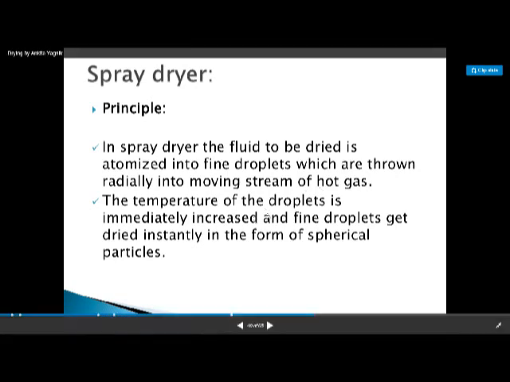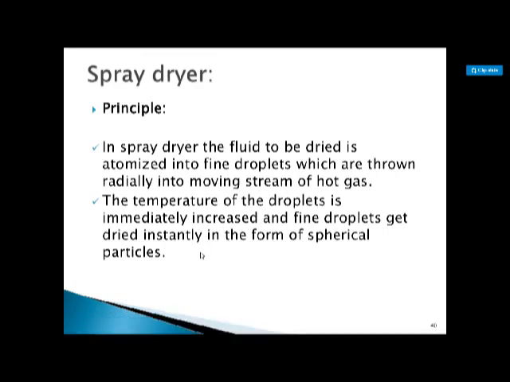The temperature of the droplet is immediately increased and the fine droplets get dried instantly. This is important: fine droplets are dried instantly in the form of spherical particles. So this is the principle of a spray dryer.